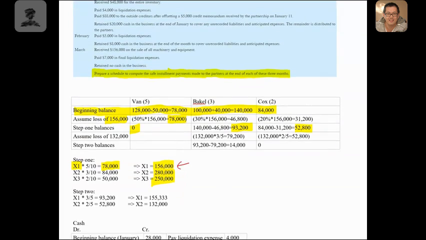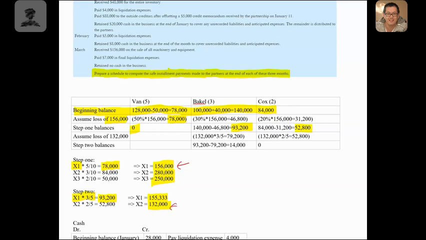For Bacon, now he is going to take 3 over 5, which is 60%, of the total loss, and we need 60% of the total loss to equal his current remaining balance, and we get x1 equal to 155,333. And to eliminate Cox's remaining balance, we need 132,000, which means that Cox is a weaker one compared to Bacon.